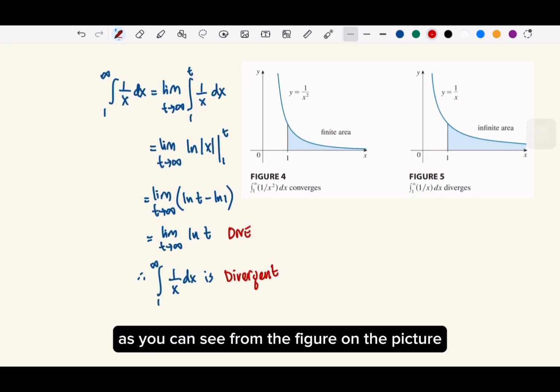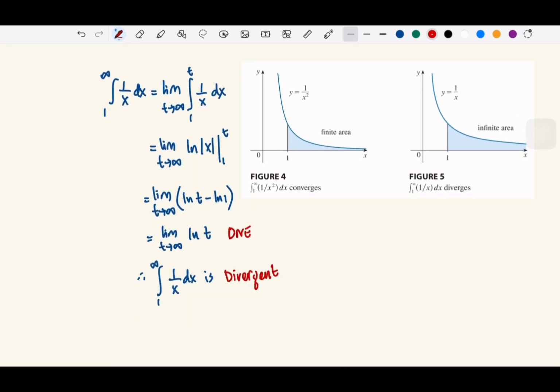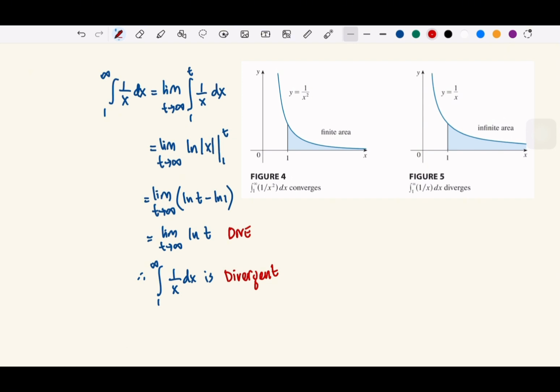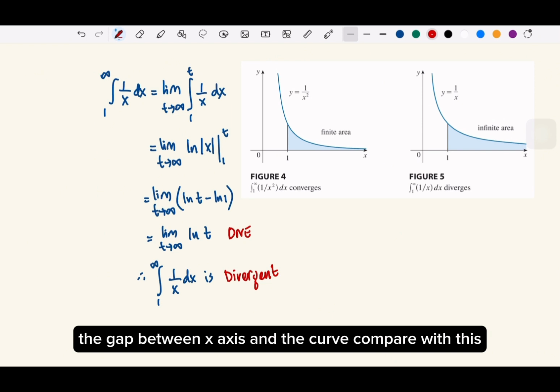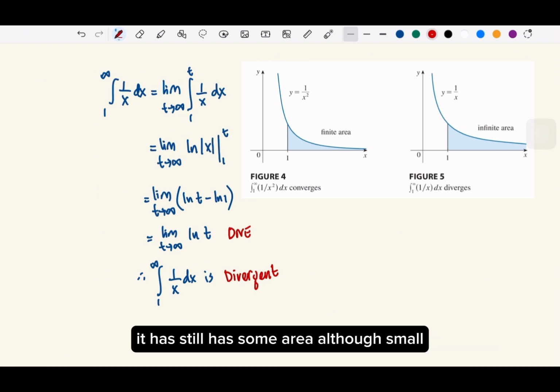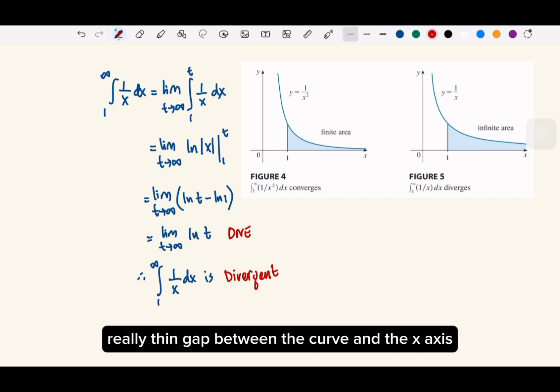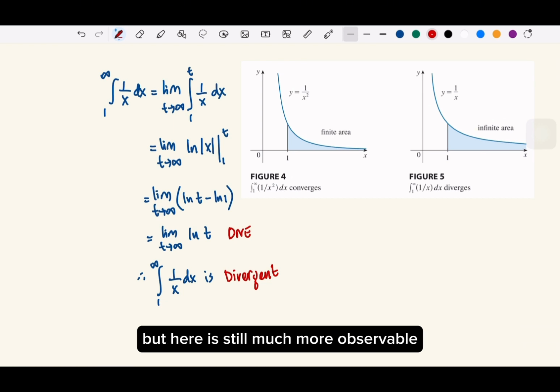Now, as you can see from the picture, for 1 over x squared, we have a finite area, and you will see the comparison, the gap between the x-axis and the curve. If you compare with this, it still has some area. Although it's small, it's not as much smaller than this one. If we try to increase x, it will be a really, really thin gap between the curve and the x-axis. But here it is still much more observable.